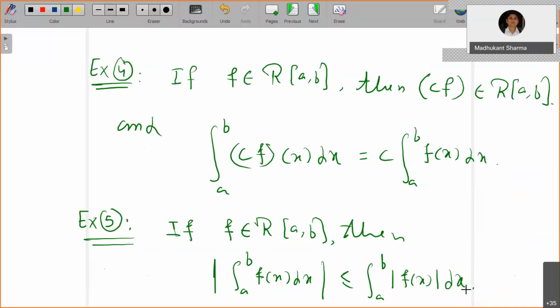It actually leads to numerical approximation of the integral as well, and we use the idea of the Riemann integral there: approximating the area by means of rectangles. Then we try to approximate the area by other means, like a trapezium, which leads to the trapezoidal rule, and by using a quadratic curve through 3 points at a time, which leads to Simpson's 1/3 rule, which is part of the course. So in the next session we are going to get those details.